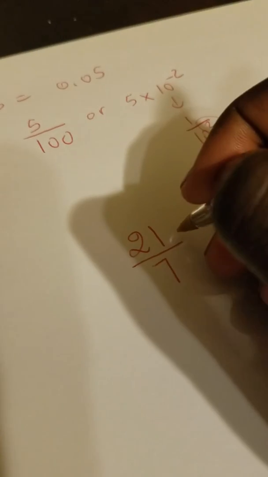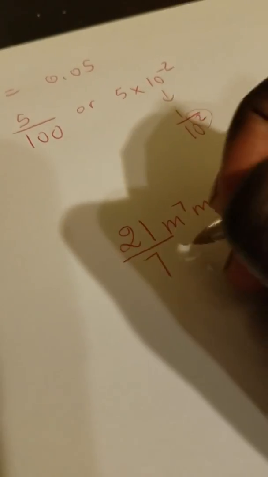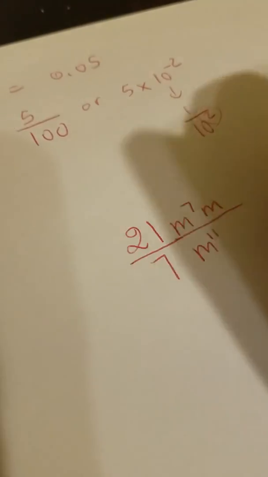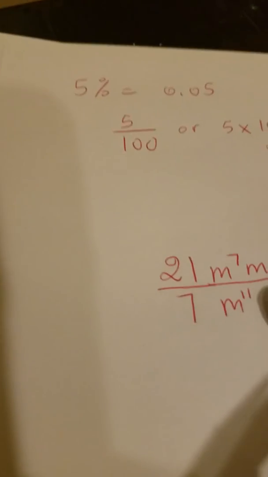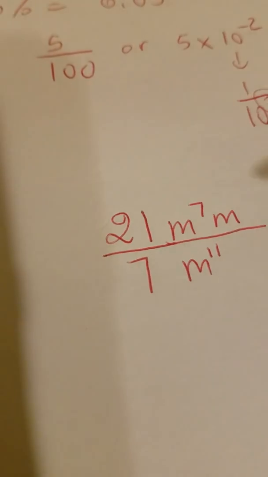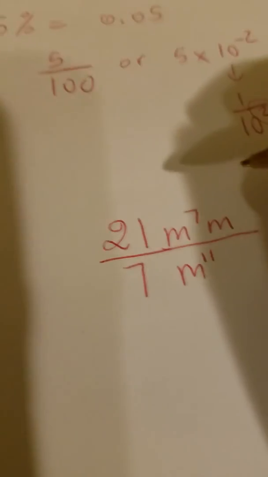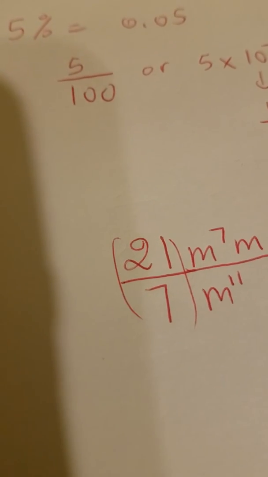So if I come up with something like 21 m squared times m, over 7 m to the power of 11. The rule of thumb here is that we take care of the constants first, or the coefficients, the ones that come in front of the variable. So 21 and 7 will have to be handled separately. 21 divided by 7 is 3.